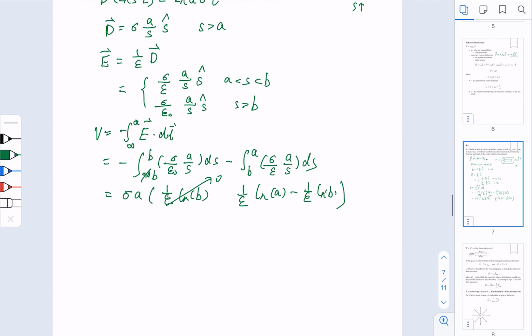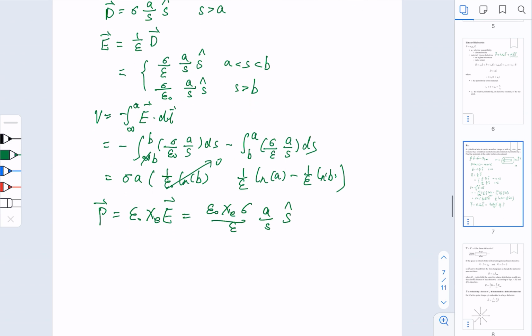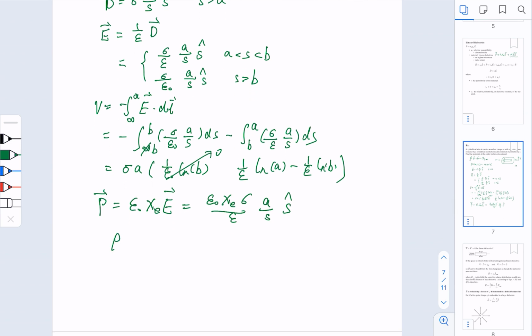But in case you want to calculate the bound charge distributions, you still need to calculate the P vector. P is epsilon naught chi e times E, because it's a linear material, so inside this material P can also be calculated. Now, calculating the charge distribution is also simple.